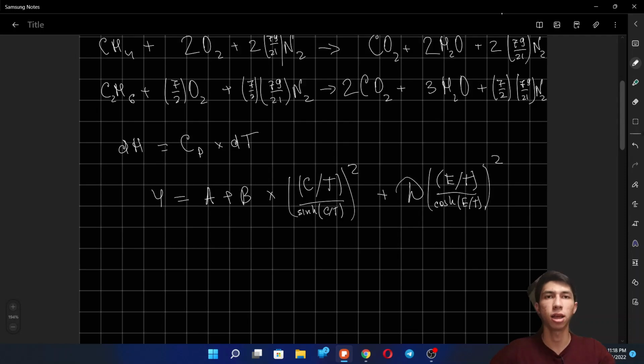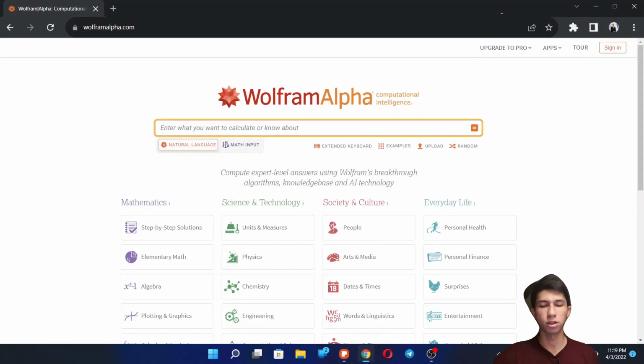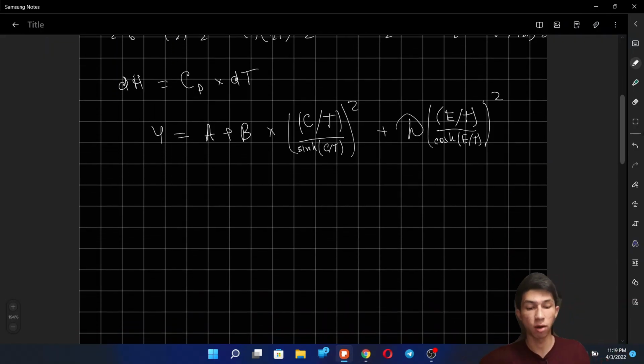As I said earlier, we should take the integral of that. We can use Wolfram Alpha to get our integral with respect to t.